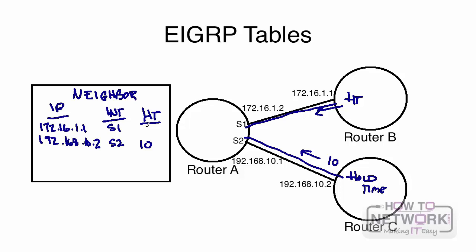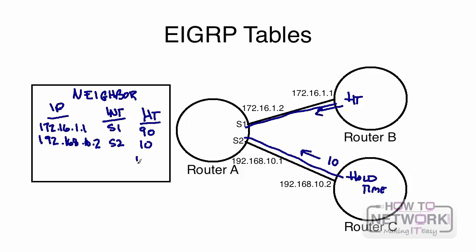And remember, hold time is basically telling the router, if you don't hear from me in this amount of time, consider me down and flush the routes that you receive from me. So it's important to remember hold time is configured on router C and router B, but the actual numeric change occurs on router A in the neighbor table. Now there are definitely other attributes in the neighbor table, and we will definitely go over those in future videos.